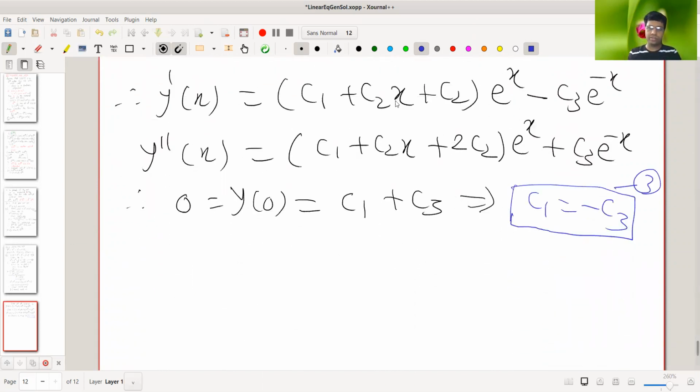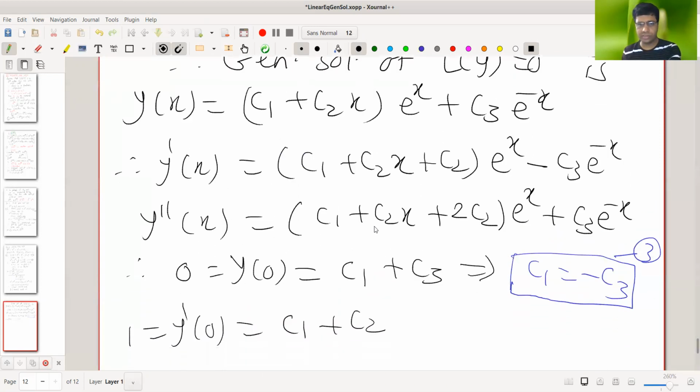Now second condition is y dash 0 is 1. So 1 equal to y dash 0 equal to, it is C1 plus C2 and minus C3.